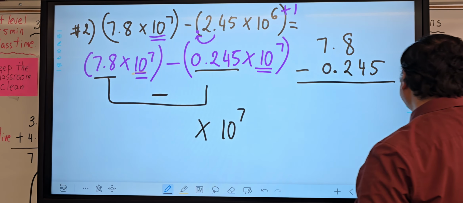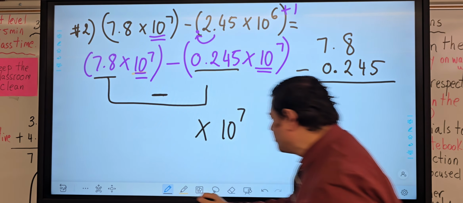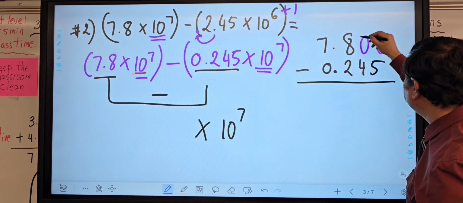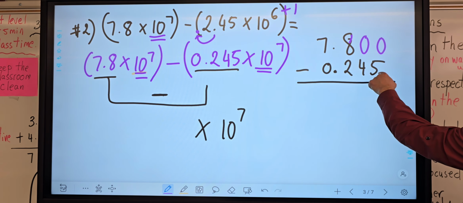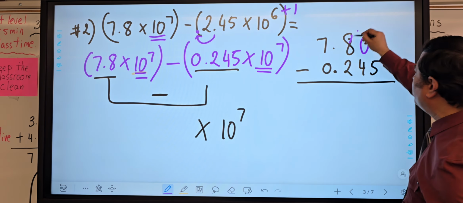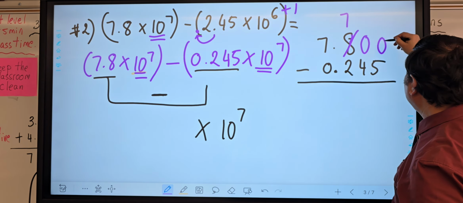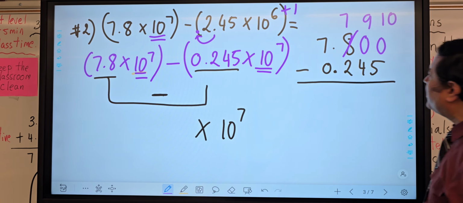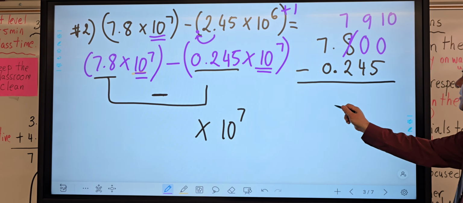In this case, we need to add a couple of zeros for the placeholder. Let's add the 0 here and the 0 here. We cannot take away 5 from 0. We need to borrow from the 8, make 8 a 7, make this 0 a 10, and this 0 a 9. Be very careful. And let's subtract.